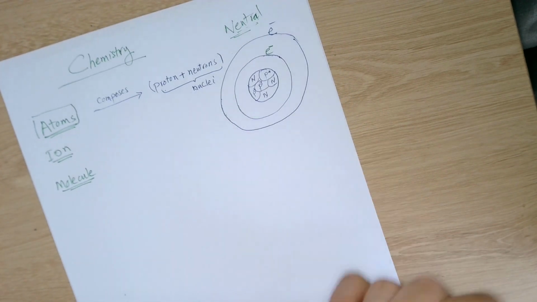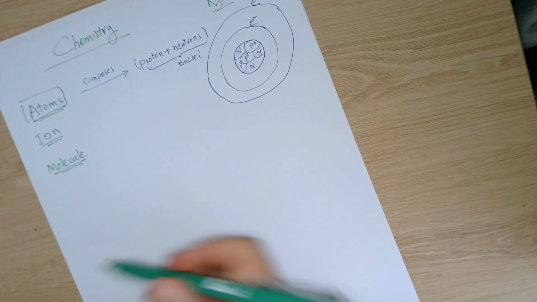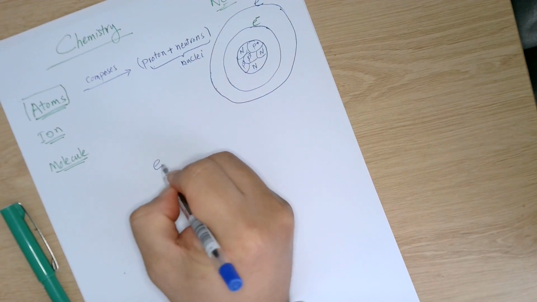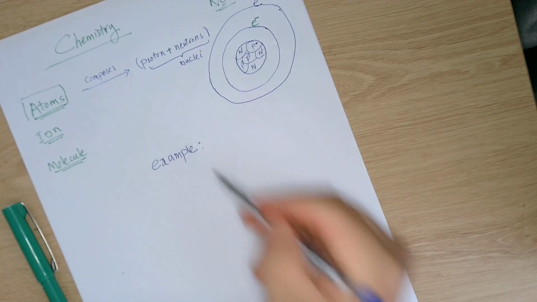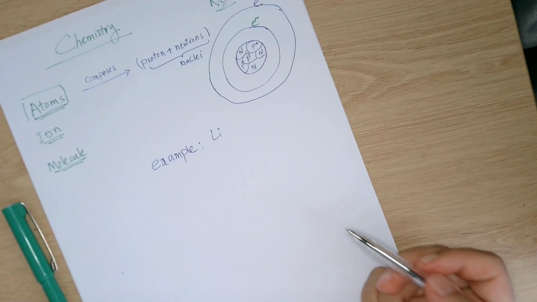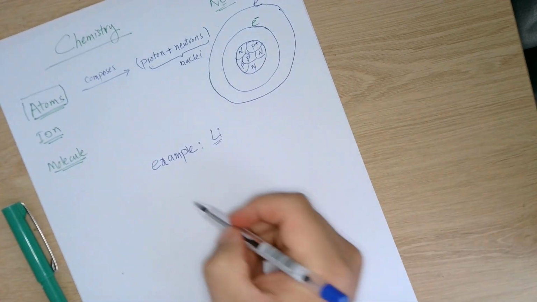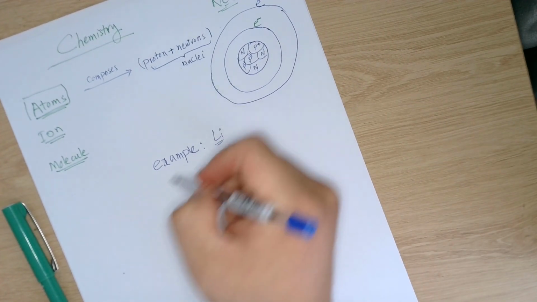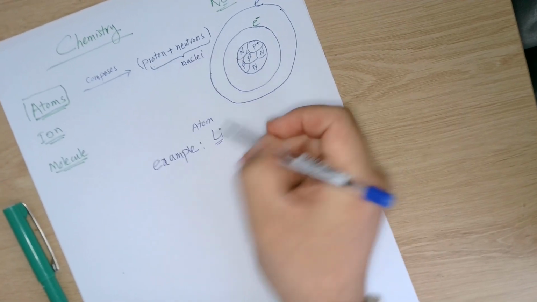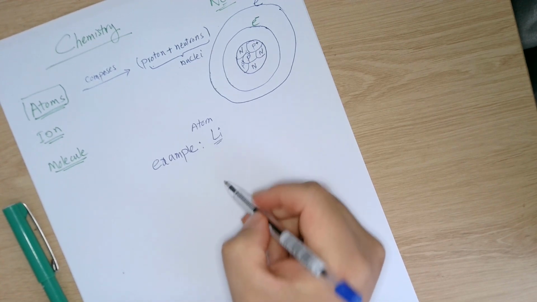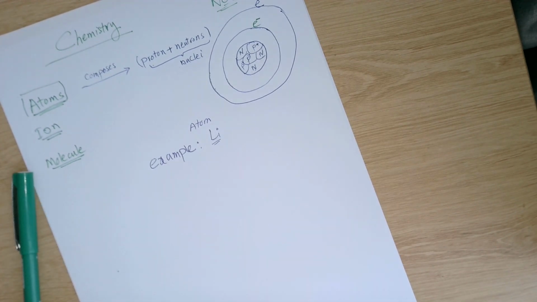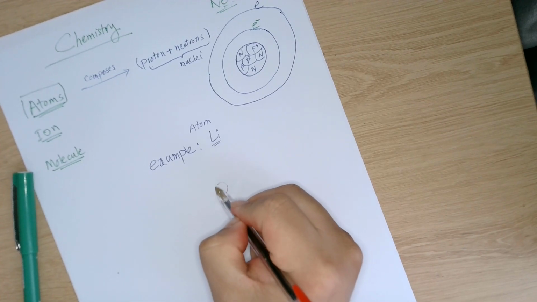Another example for atom. Can you name a couple of atoms? One of the atoms I can name is lithium, Li. Lithium is an atom. All of the elements in the periodic table are atoms. If I'm to draw lithium, let me draw with two colors, Li.